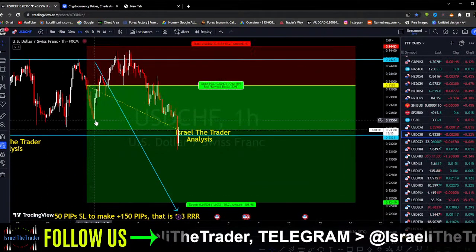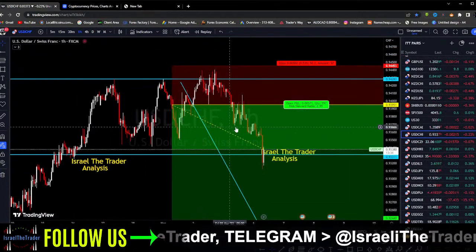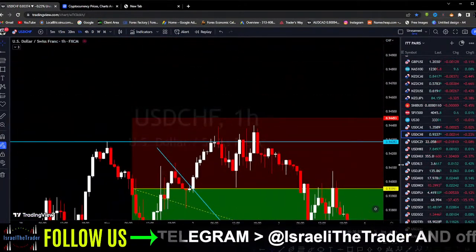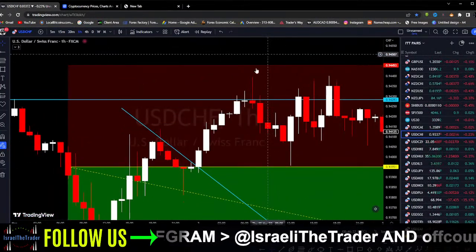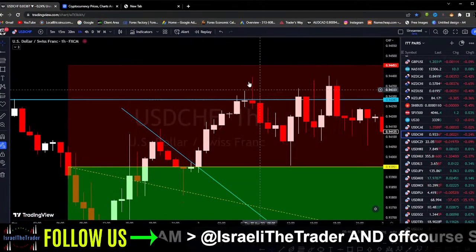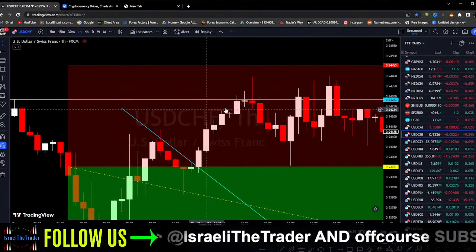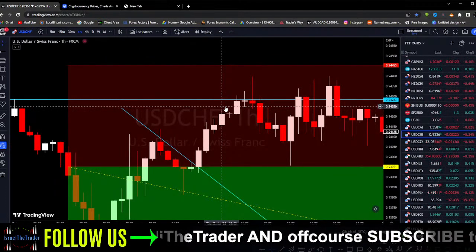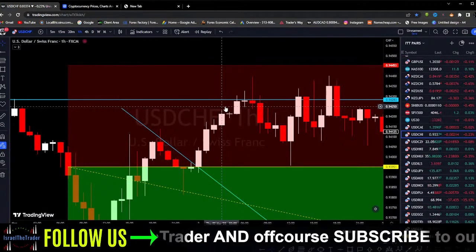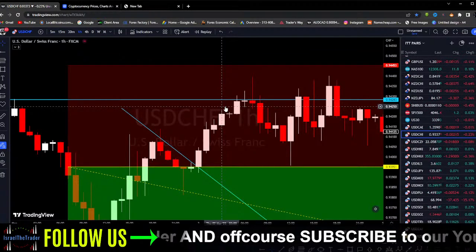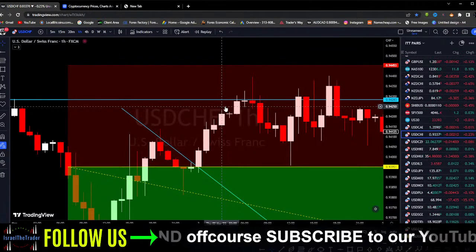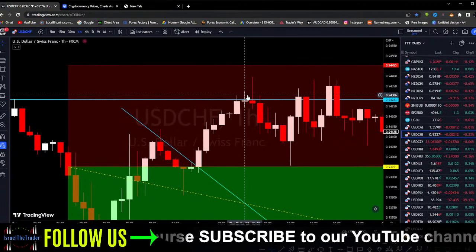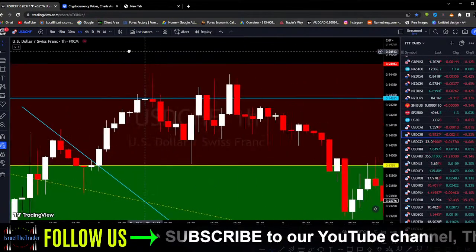Right now it decided to push back up to the upside, but what kept me and my students alive in this trade, let me show it to you, was this particular candlestick pattern here. This is a sell signal.